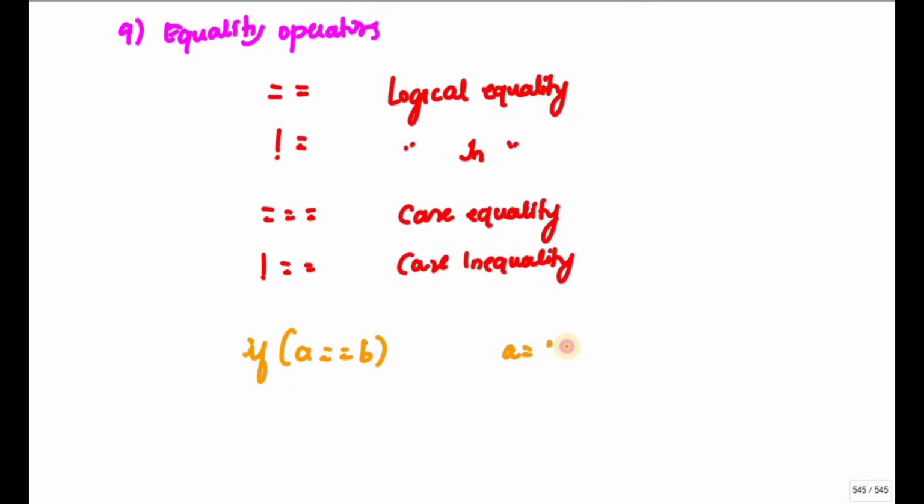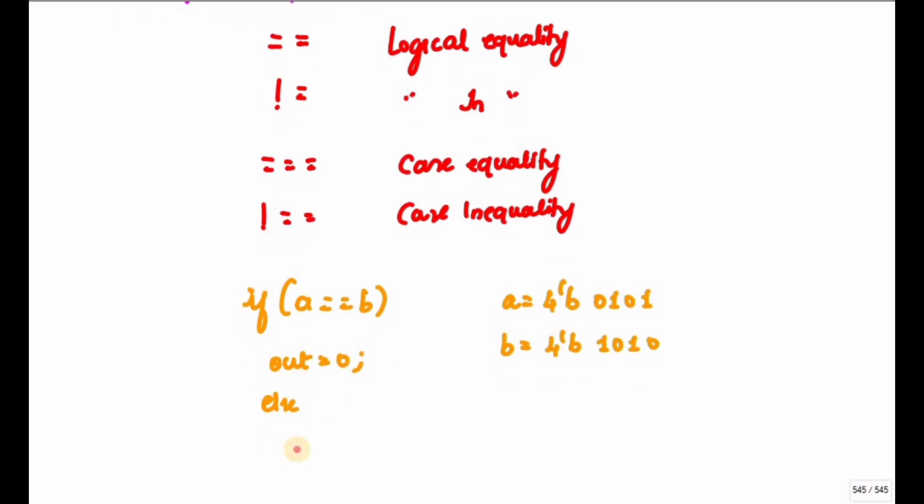If A is equal to B, and A is a 4-bit binary value 0 1 0 1, and B is also a 4-bit binary value 1 0 1 0, here both are not equal. So the else will be executed, right? If out is equal to 0, else out is equal to 1. So you know the answer anyway: not the same, so the output is equal to 1. This is for logical equality.